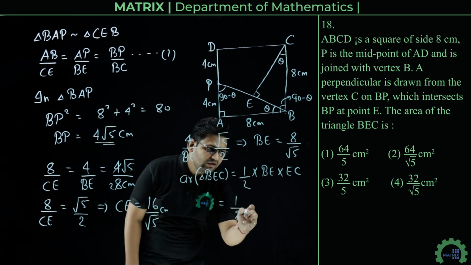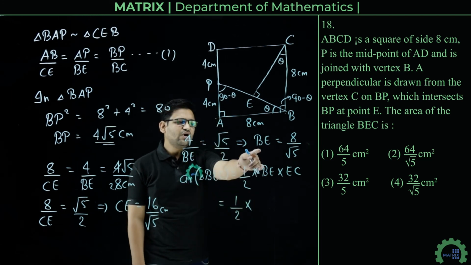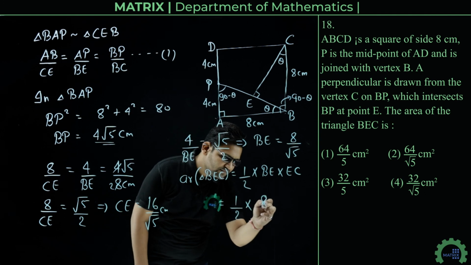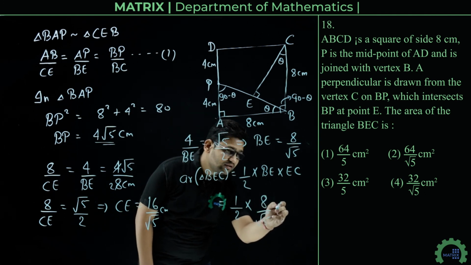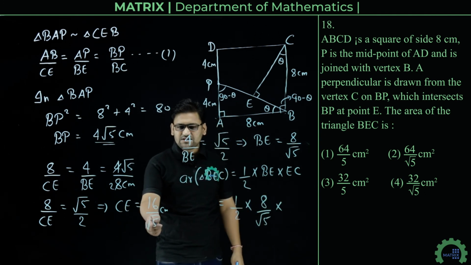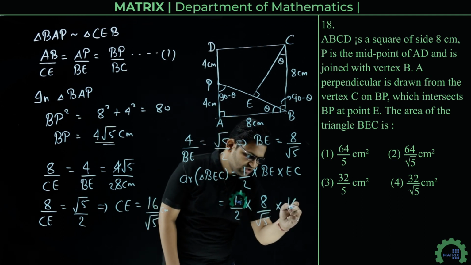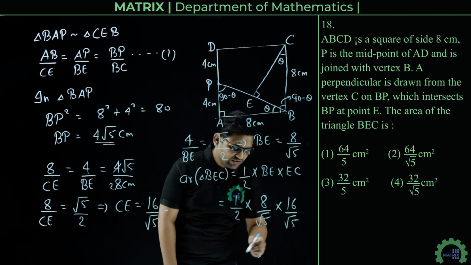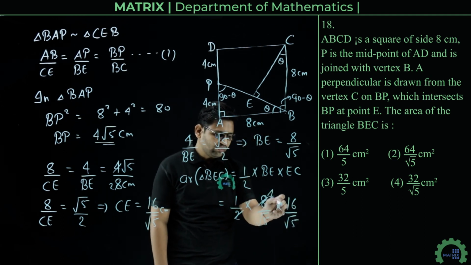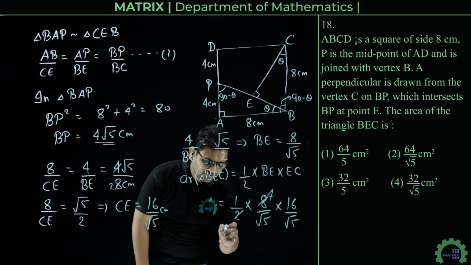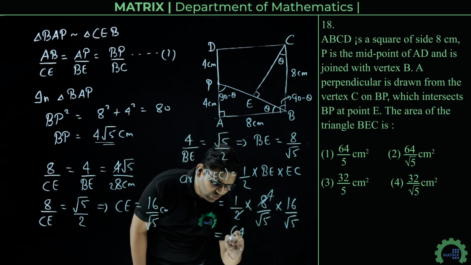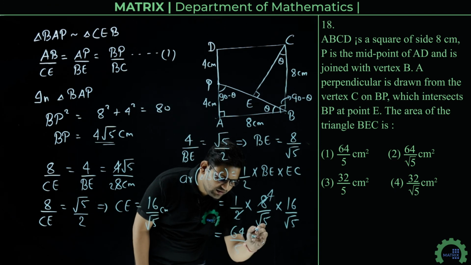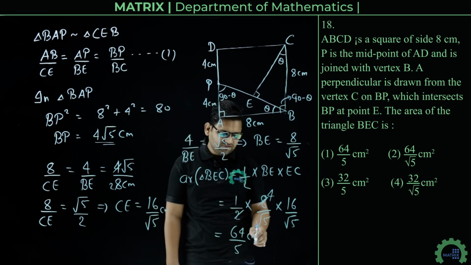So half into BE, which is 8 upon root 5, and the length CE is 16 upon root 5. So 2 cancels out 4 times, 16 times 4 is 64 by 5. So the area is 64 by 5 centimeter square, which is option number first.